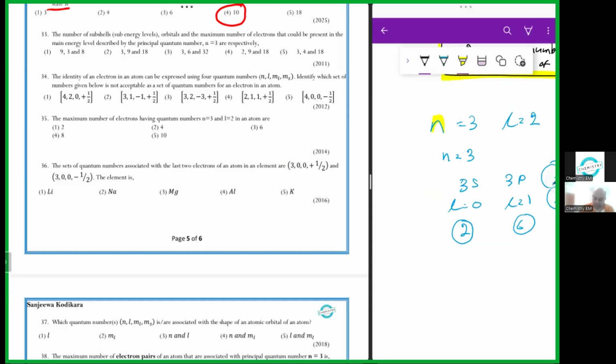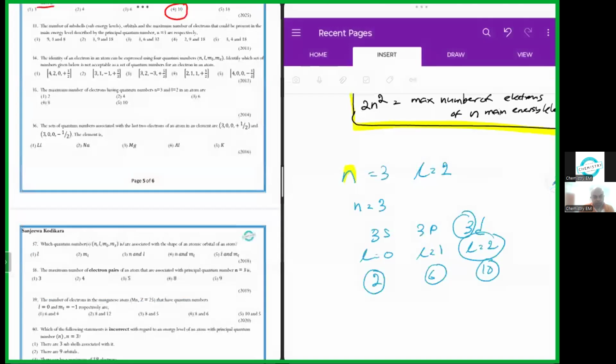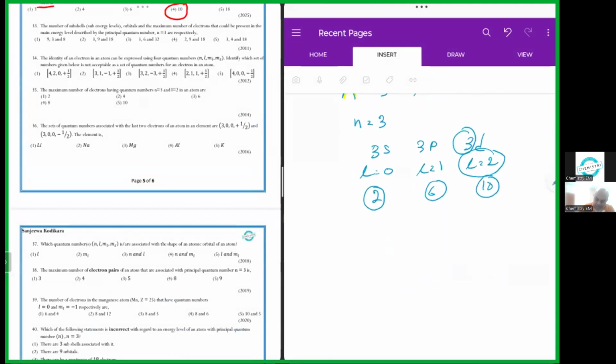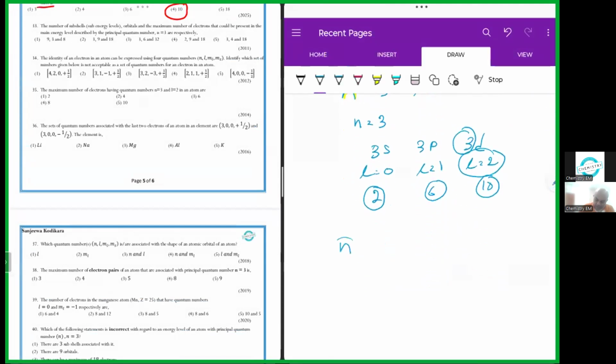So the new thing is, by checking the n value, the n value is equal to the period number of the element, right?